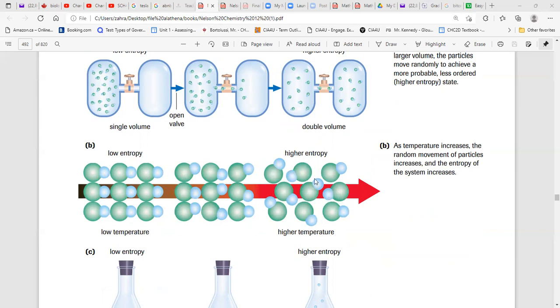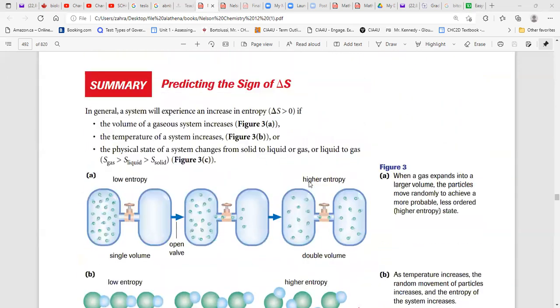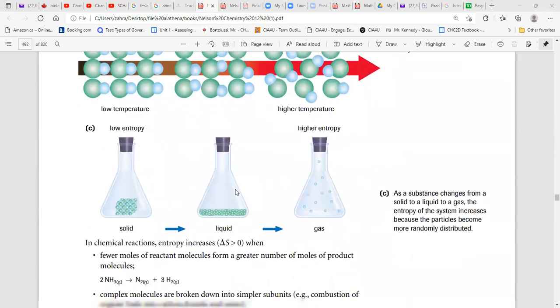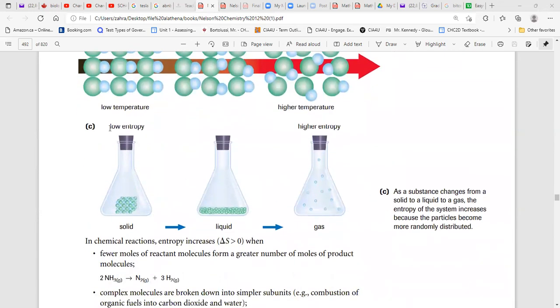So increasing temperature will increase your entropy. Also, when going from solid to liquid, the delta S or entropy increases, it becomes more disordered because it's more free to move. Also from liquid to gas, it will be more disordered.